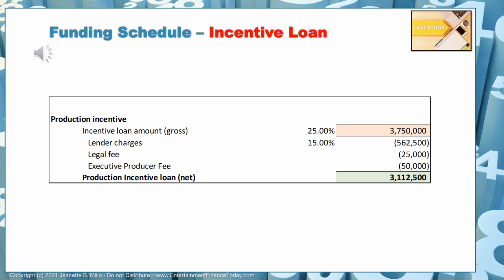And remember, this is a loan that is provided to us because we're shooting in a region that offers us a tax credit or a tax rebate based on the money that we're spending in that region. And because we don't want to shoot the movie first, show all the expenses that we had, and then get our money when the movie's finished, we want to have the loan based on what we believe the eligible expenses are and based on what we believe the incentive is going to pay us.